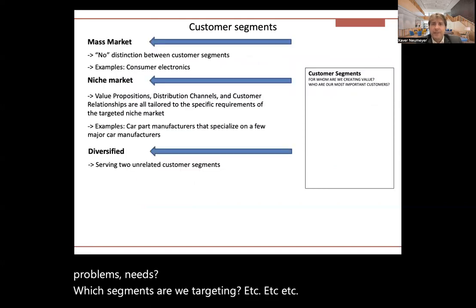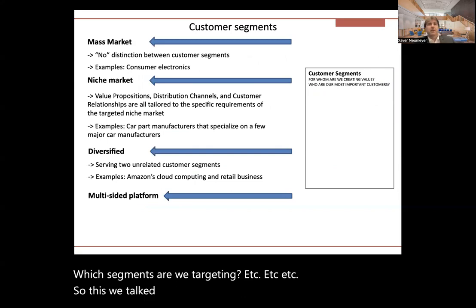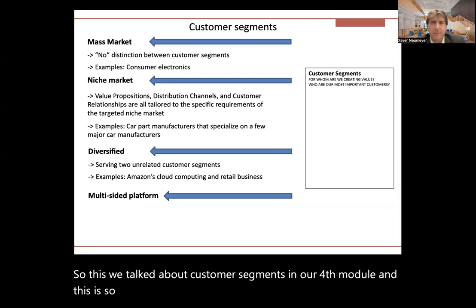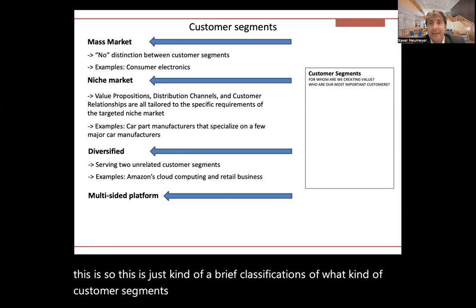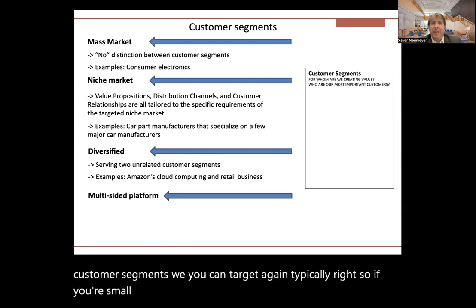So we talked about customer segments in our 4th module, and this is just a brief classification of what kind of customer segments you can target. Typically, if you're a small entrepreneurial firm, you don't target the mass market.